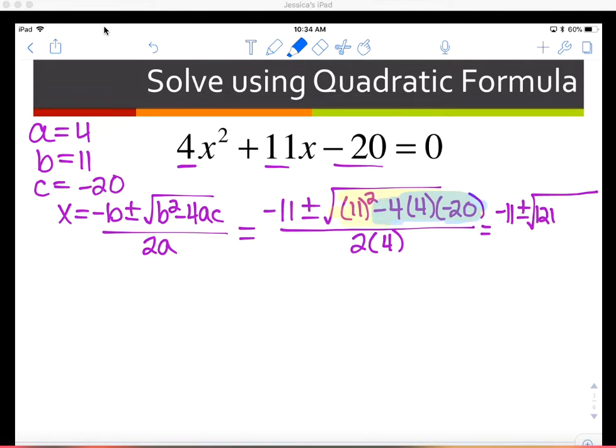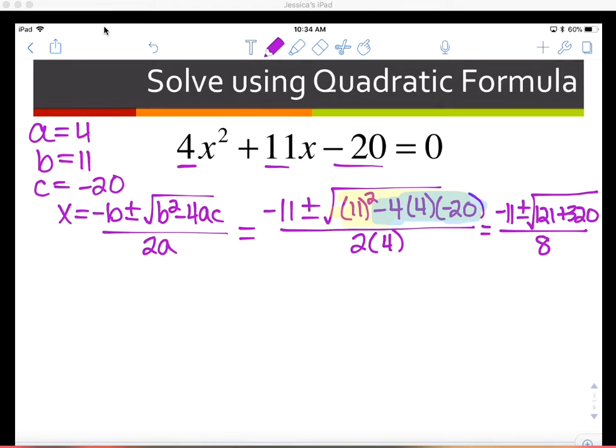Be careful with your signs when you do that. Negative 4 times negative 20 gives us positive 320. 2 times 4 on the bottom gives us positive 8.